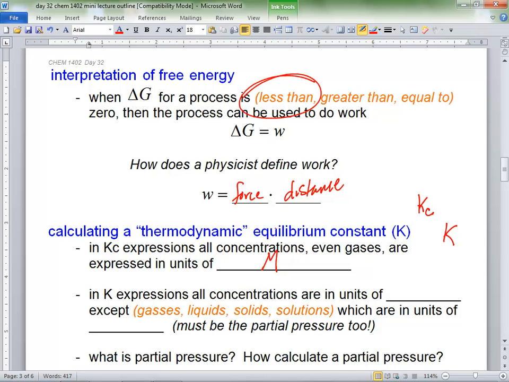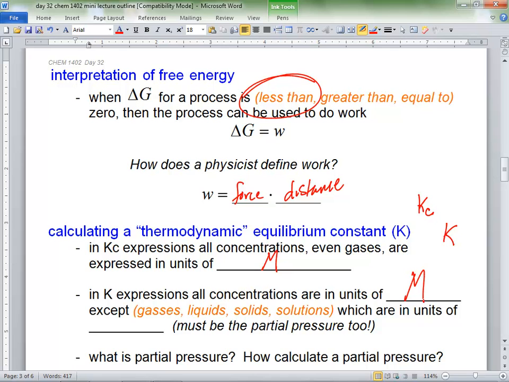Okay, but now in K expressions, concentrations are in units of, what do you think they're going to use? They're in concentrations. Now, what units do you have of concentration to pick from? You've got weight percent, you've got molality, you've got molarity, they're going to use molarity again, right?